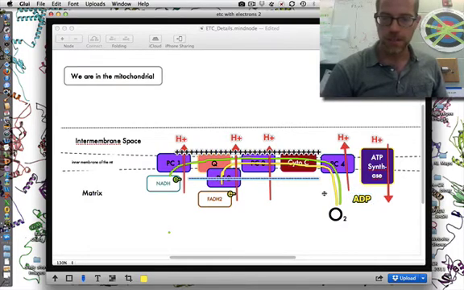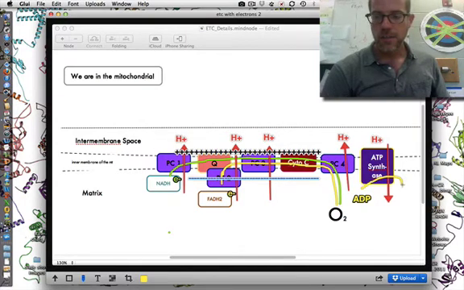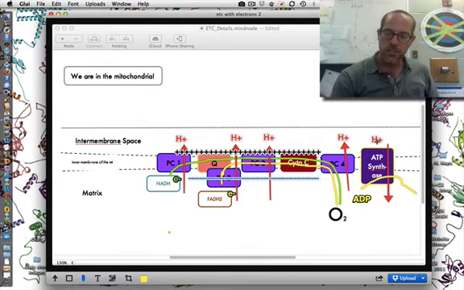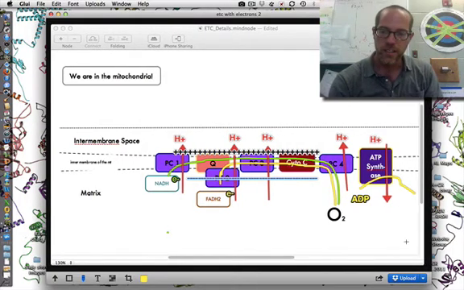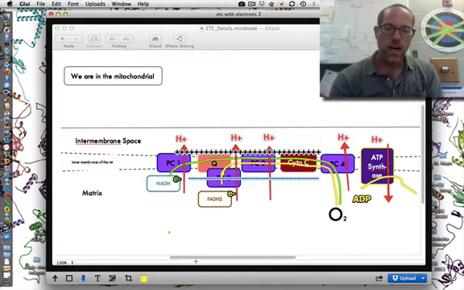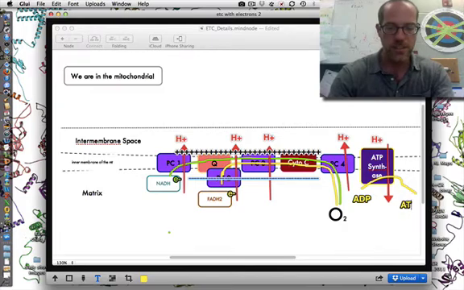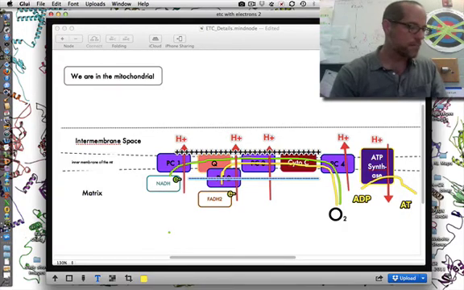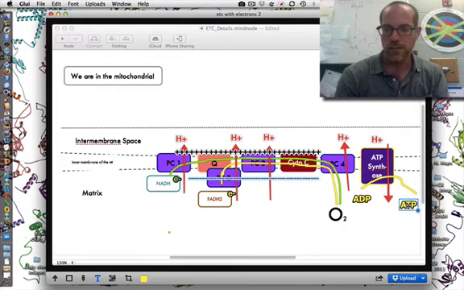The energy released as the hydronium ions flow down their concentration gradient is converted to the synthesis of adenosine diphosphate and an inorganic phosphate into my favorite molecule, adenosine triphosphate.